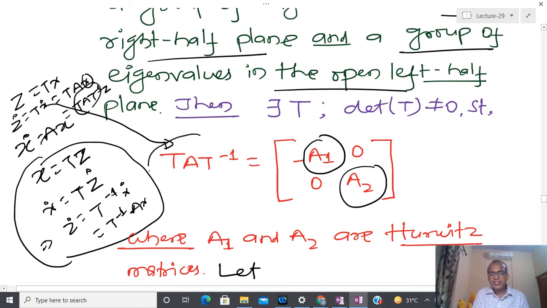Using that matrix it is possible to group the eigenvalues which have a strictly negative real part here and the other part there. Okay, anyone has confusion?